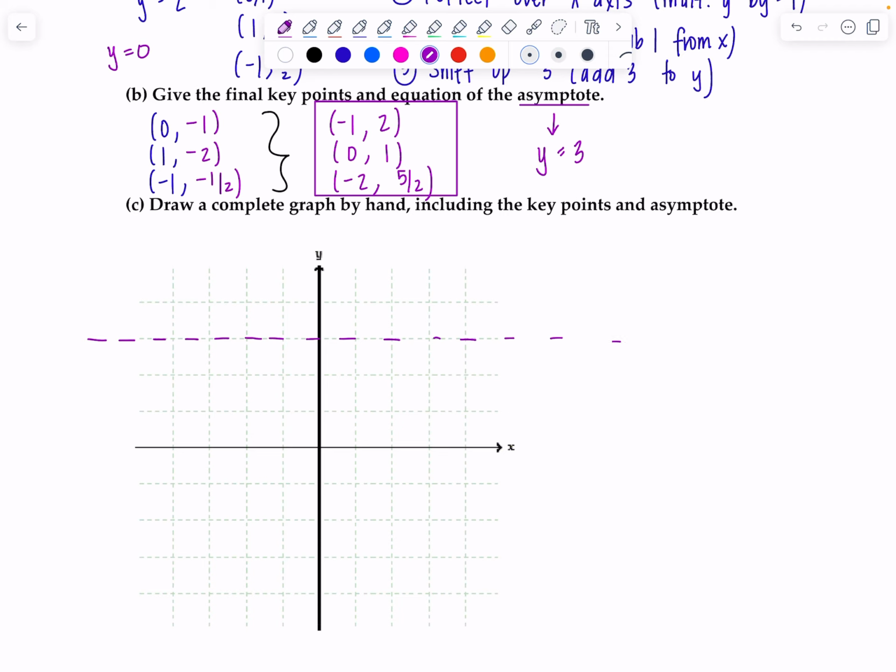It'll keep you from going wild and fancy free. And then -1, 2, 0, 1, -2, 2.5 is here. Just remember, exponential functions only have a horizontal asymptote. They do not have a vertical asymptote. So make sure it shows that it keeps going. It's not like a rational function. That's it.